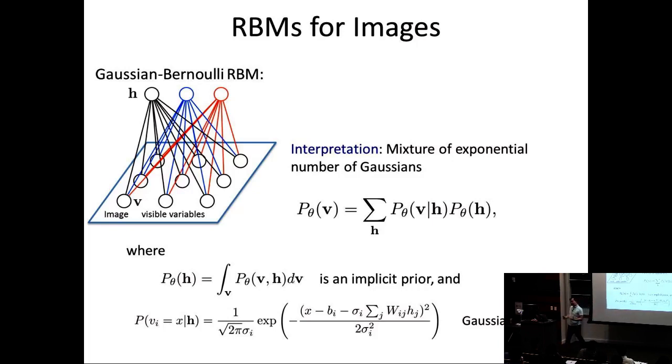So it really is an exponential mixture. And a lot of people would argue that these models are much more powerful than mixture models, because they have this expressivity built in. So they can model much more complex distributions than, for example, a mixture of Bernoullis, or a mixture of a few Gaussians.